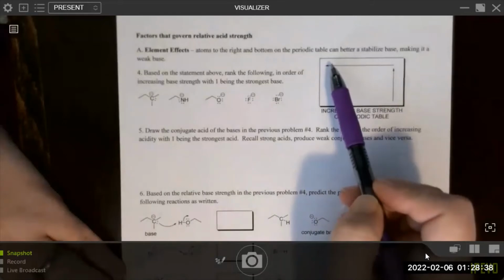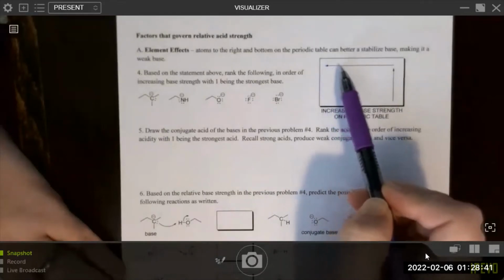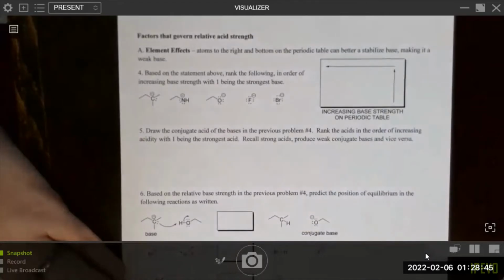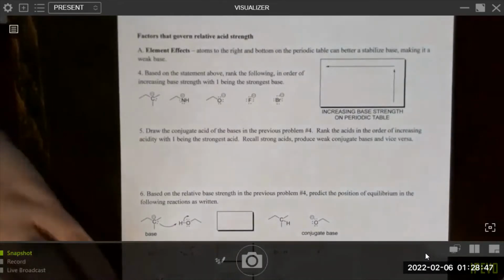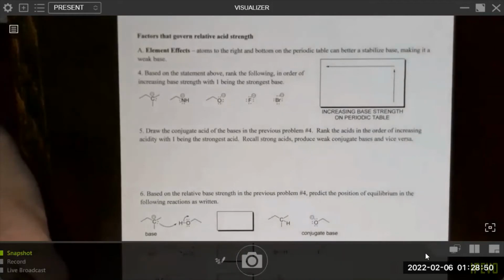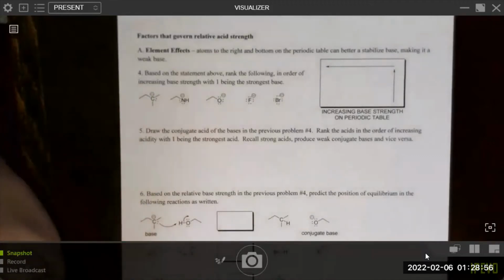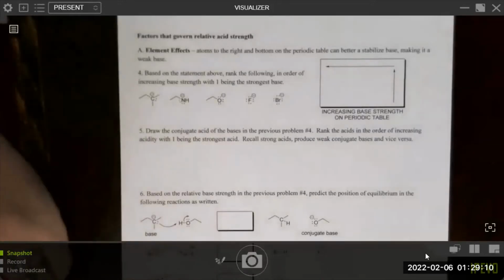So if you take an atom and you're going to the right or down the periodic table, then, if the only difference is the atom, the base will be more stable in that direction. So sort of think of stability and reactivity as inversely related. If something is more stable, it's not going to be as reactive a base, and we'll call that a weaker base. If something is less stable, it will be a more reactive, stronger base.